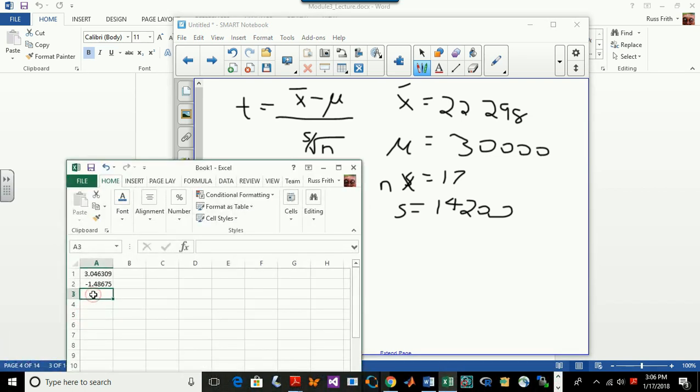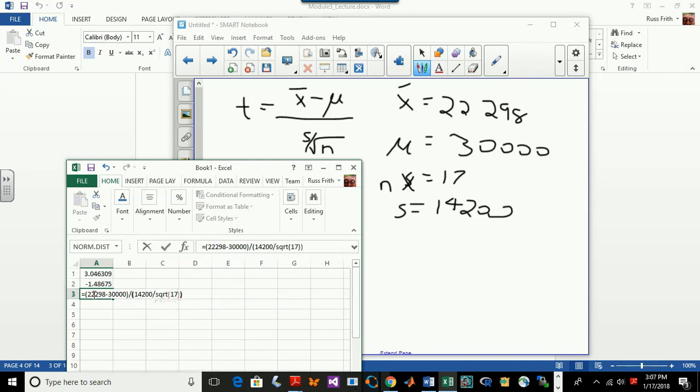Click on a cell, type equals, x bar, 22,298 minus 30,000, divided by, open paren, 14,200 divided by the square root of the sample size.